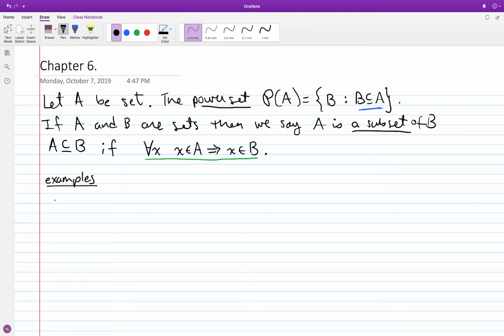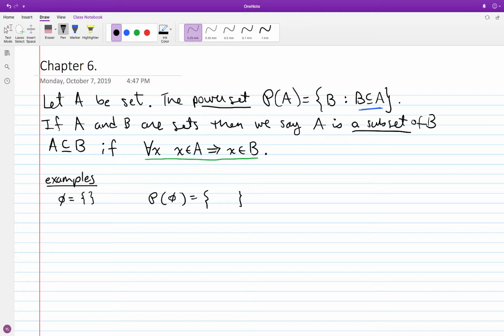Okay, everybody's favorite set is the empty set, right? So the empty set is a set. It's a perfectly good set, but it doesn't have any elements in it, right? Okay, the power set of the empty set is the set of all subsets of the empty set.